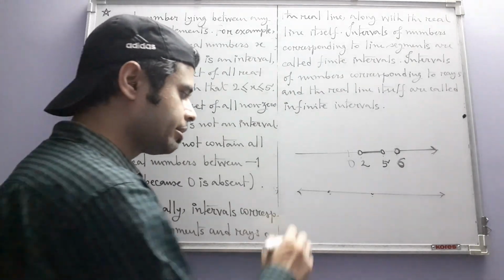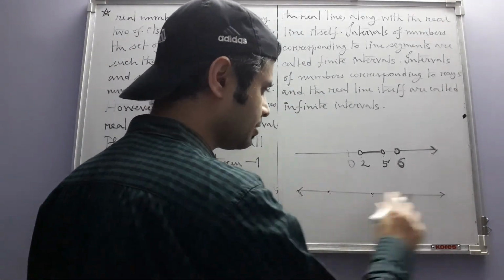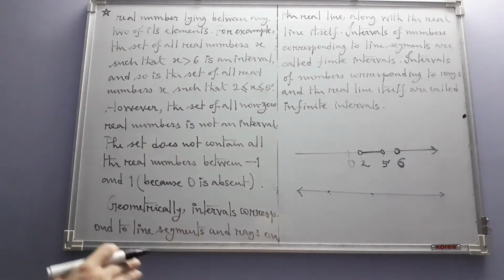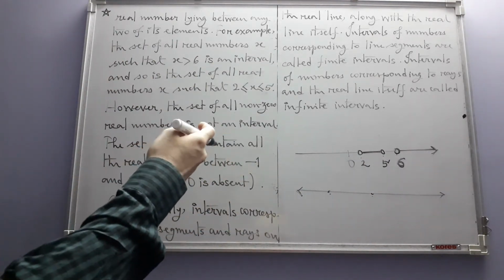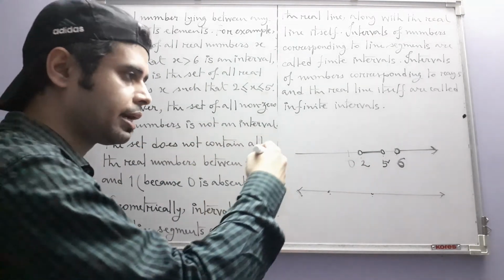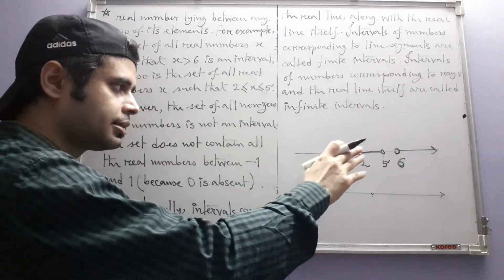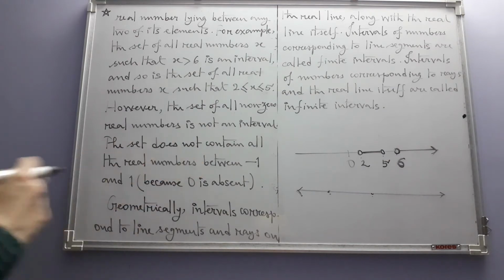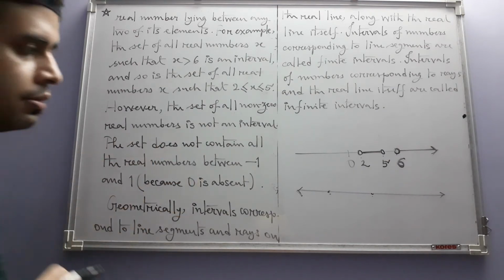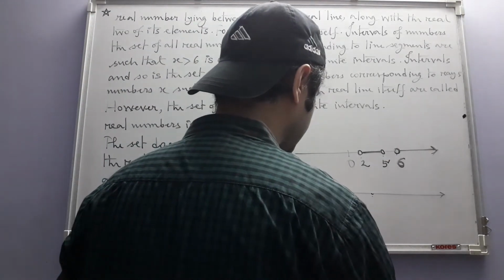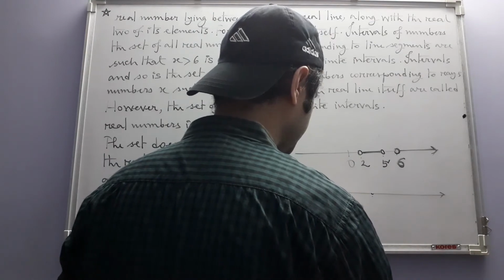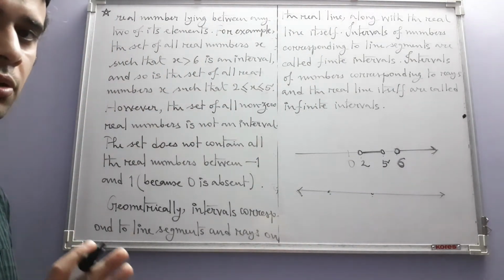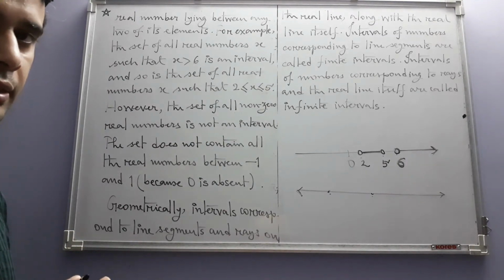It has all the real numbers and it's a ray that is in both directions. All the other rays are in only one direction, either on the right hand side or towards the left hand side. This, however, has both the directions, and it's not called a ray, it's just simply called the real line itself.